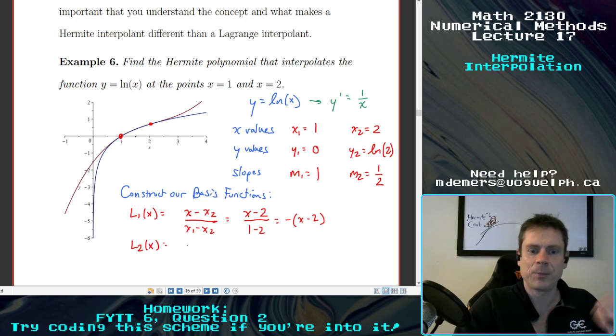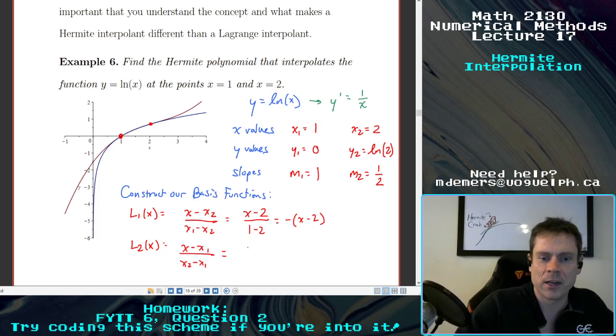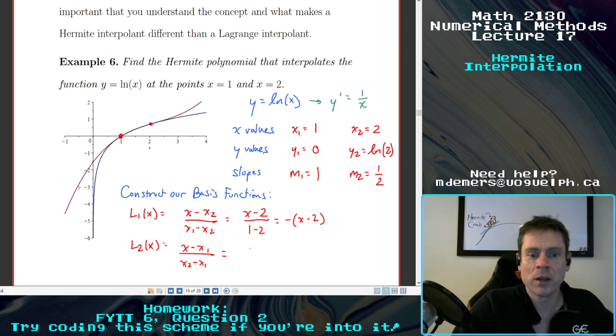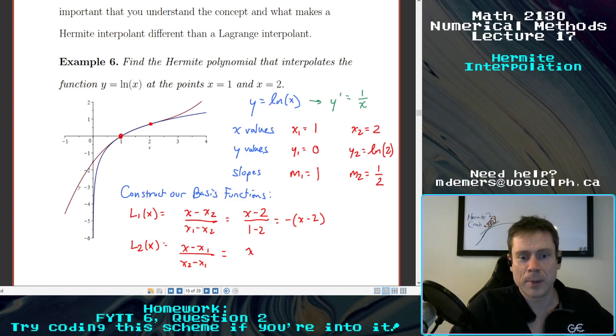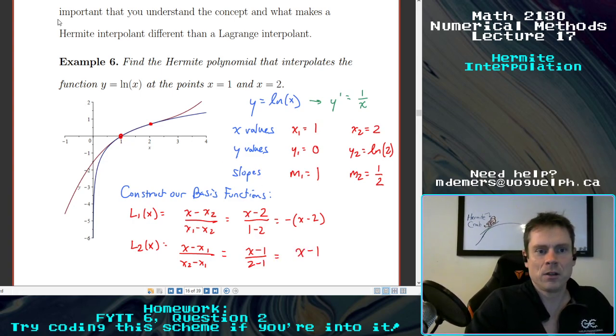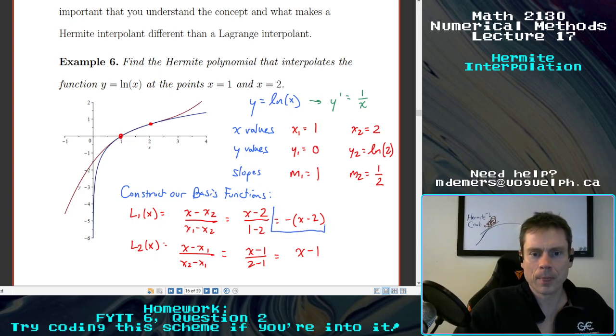Same sort of deal, but we flip things around. It's x minus x1 over x2 minus x1. So I think we get here nothing more than x minus 1 over 2 minus 1, which is nothing more than x minus 1. Okay, so this is L1 of x, this is L2 of x.